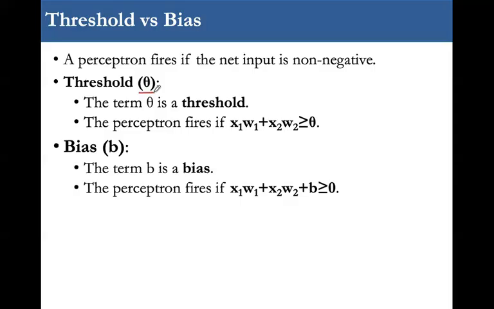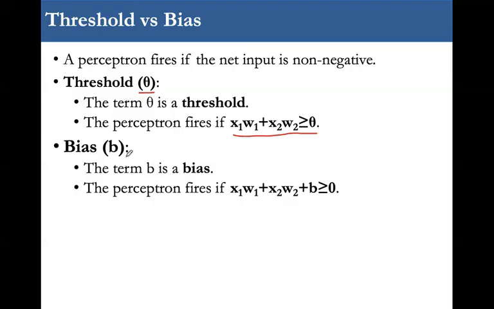It is subtracted from the weighted sum of inputs. It means that x1 w1 plus x2 w2 minus theta. It means that the perceptron fires if x1 w1 plus x2 w2 is greater than or equal to theta.